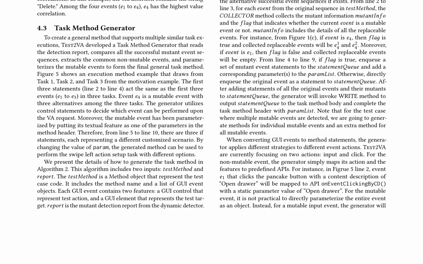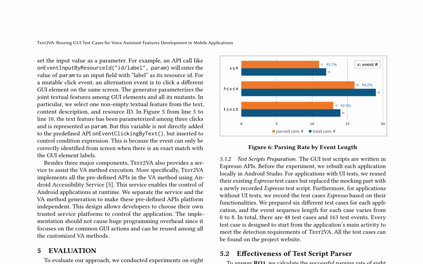By refining assertion statements during dynamic task execution, the approach enhances the reliability of mutation testing, providing a more accurate assessment of software robustness. The Test2VA system reuses GUI test cases for voice assistant features development in mobile applications. It parameterizes joint textual features among GUI elements and their mutants, using an alternation event to click a different GUI element on the same screen.